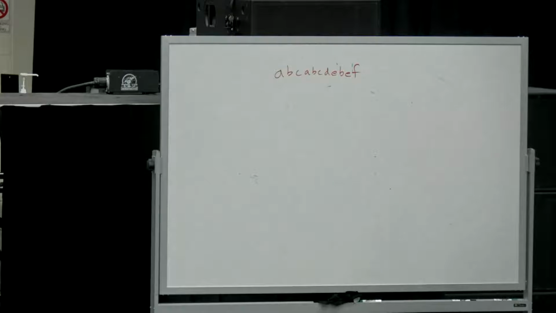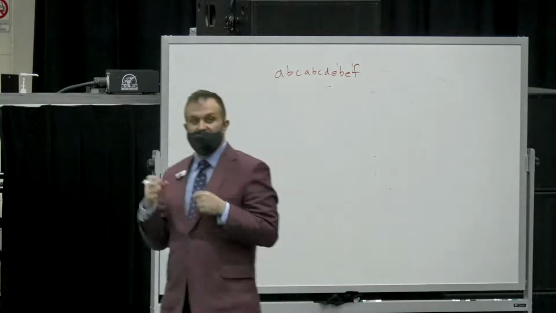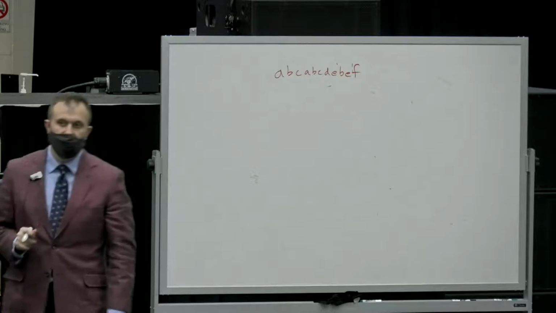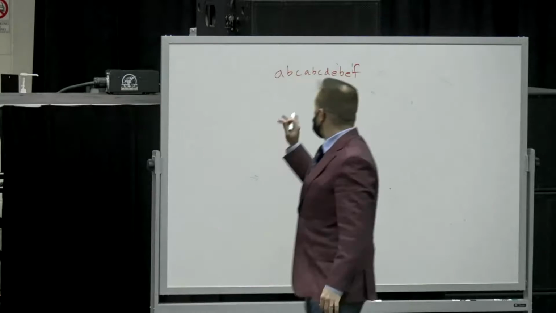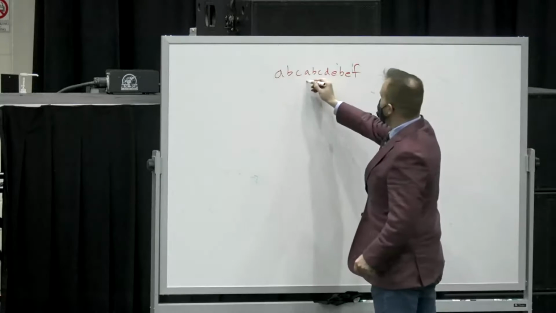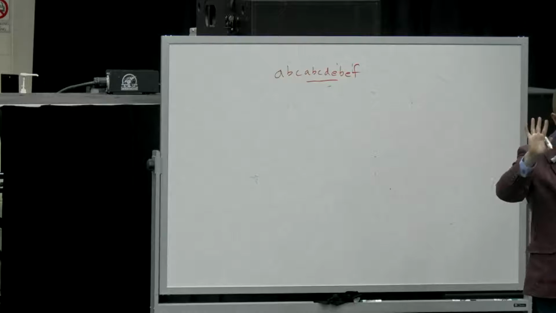We need to figure out the length of the longest non-repeating string. Good rule of thumb, for those of you in my office hours, and I've said this: if it's simple to do with your mind, it's simple to do in code. We can look at this, zoom through it really fast, and go, oh, A, B, C, D, E, that's my longest one. So the solution I want is 5.